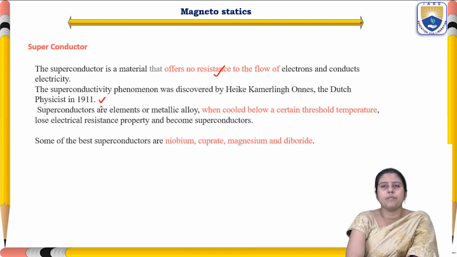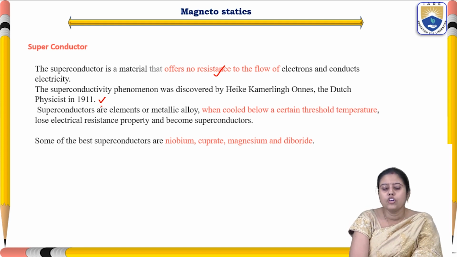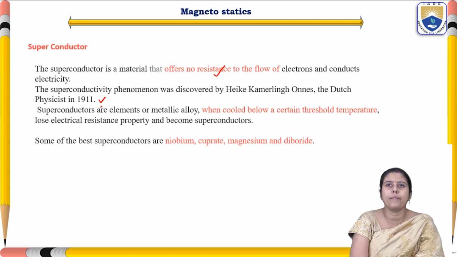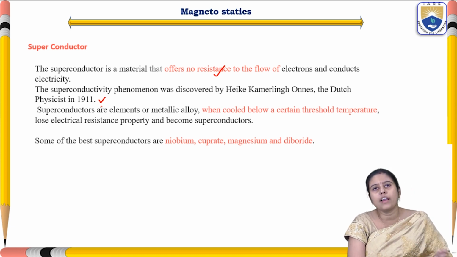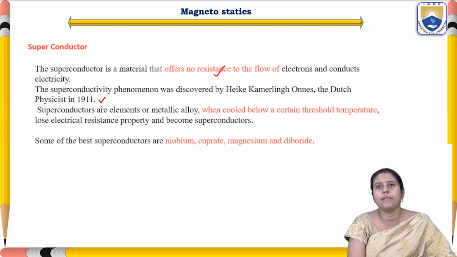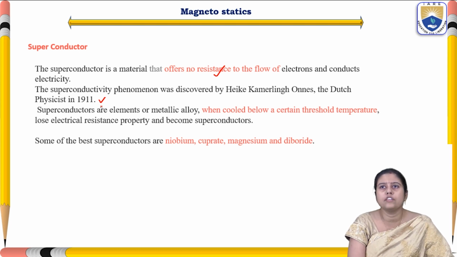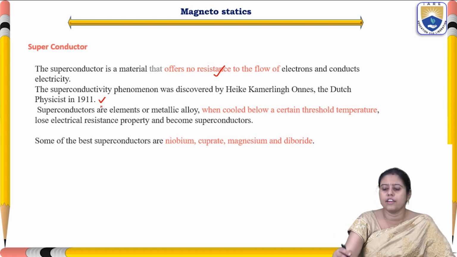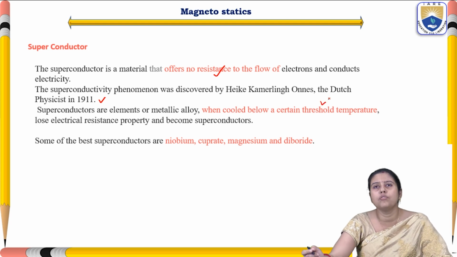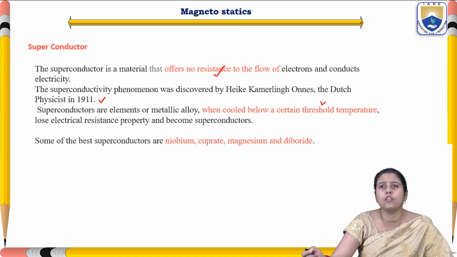In 1911, in the lab, he first made the superconductors. Superconductors are elements or metallic alloys. It is not like any metal, it is a metallic alloy. When it is cooled below a certain threshold temperature, it loses its resistance and becomes a superconductor. Superconductor means the resistance value is very, very low and almost equal to 0.